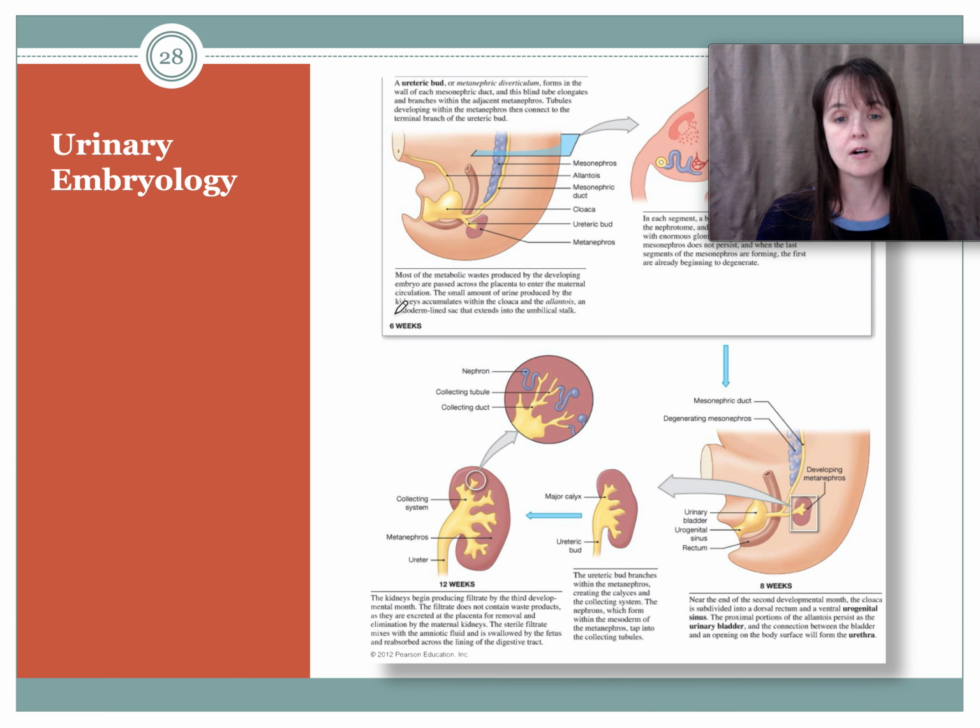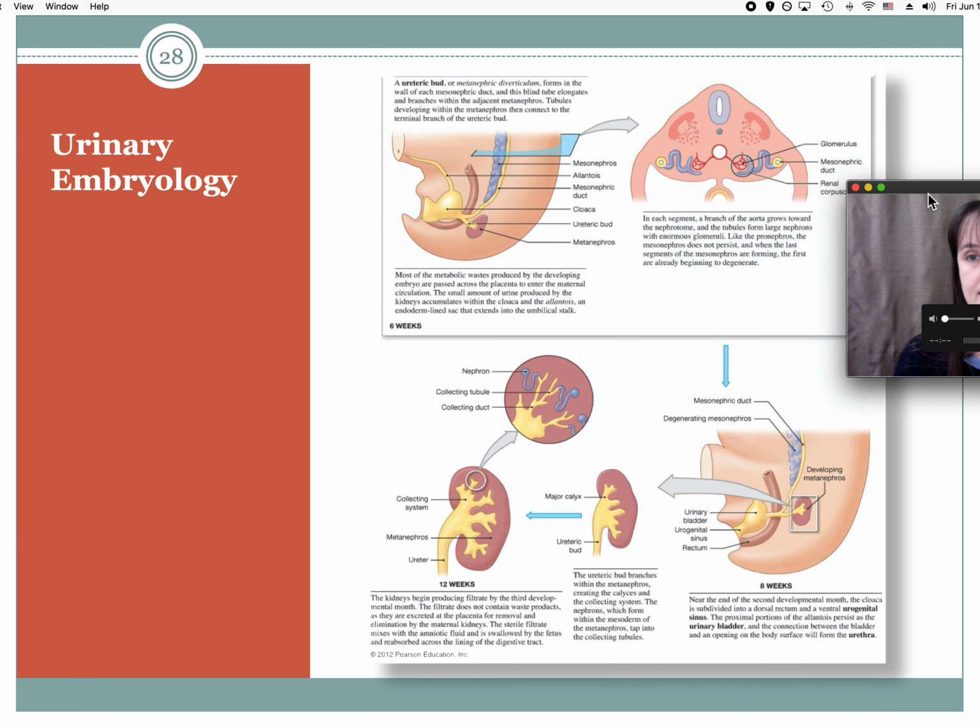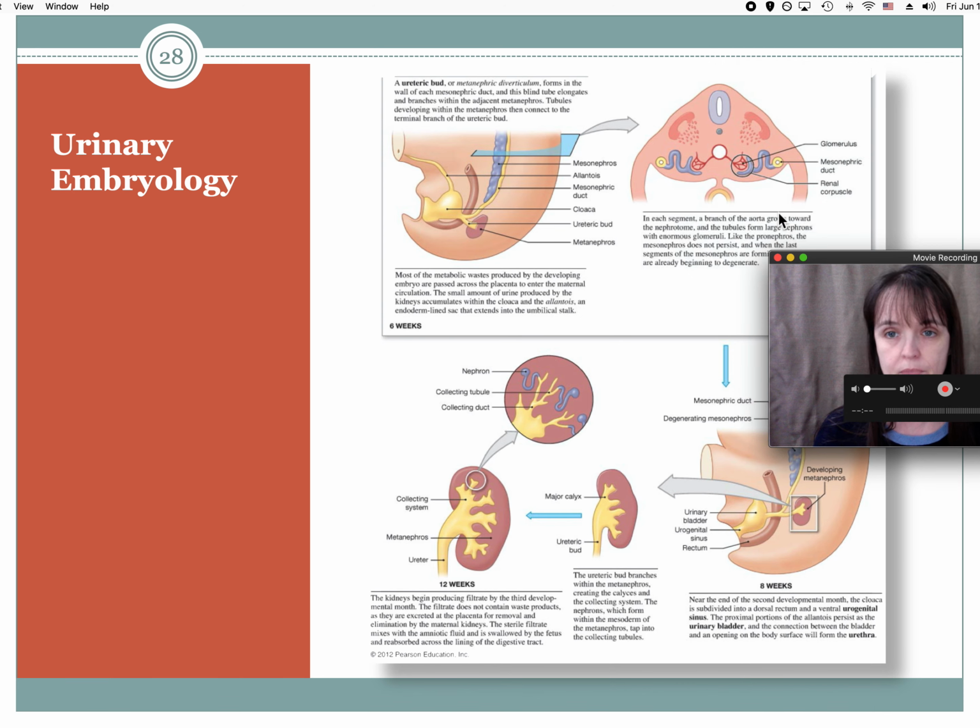Let's draw the urinary system. First, let's look at how it develops in babies. So here are the little kidneys turning into kidneys. And the glomerulus is going to be the knot of capillaries.